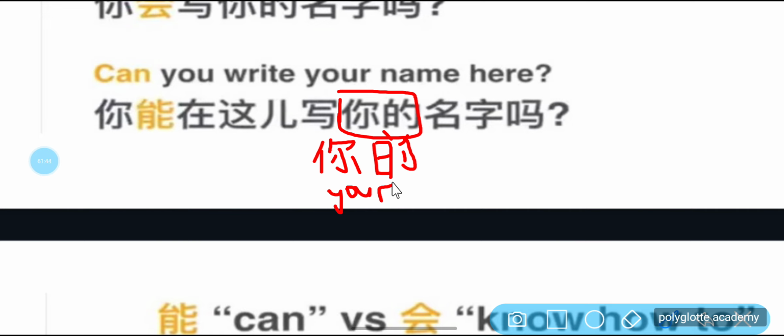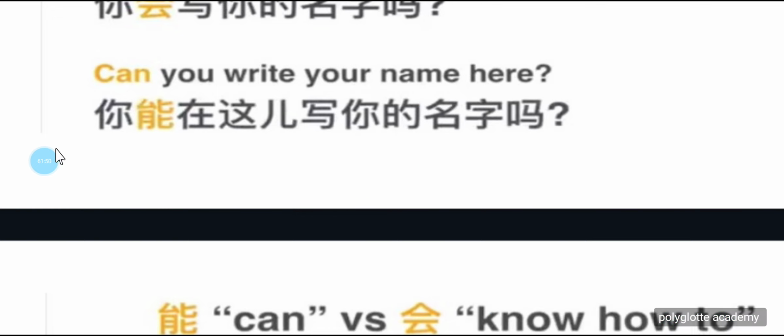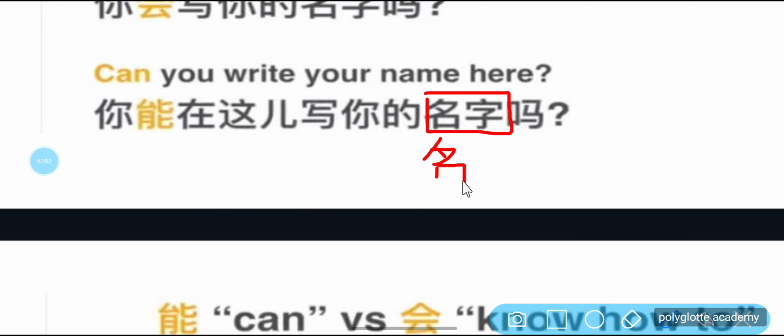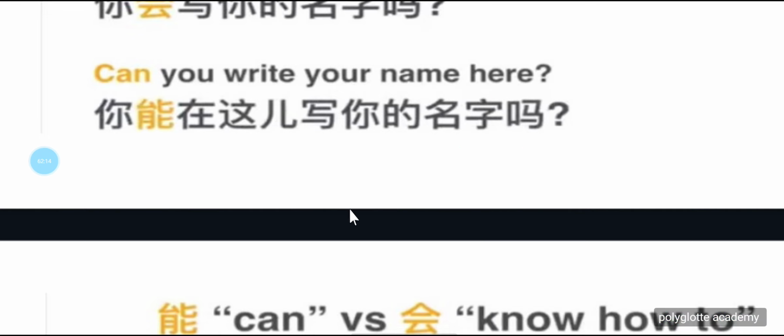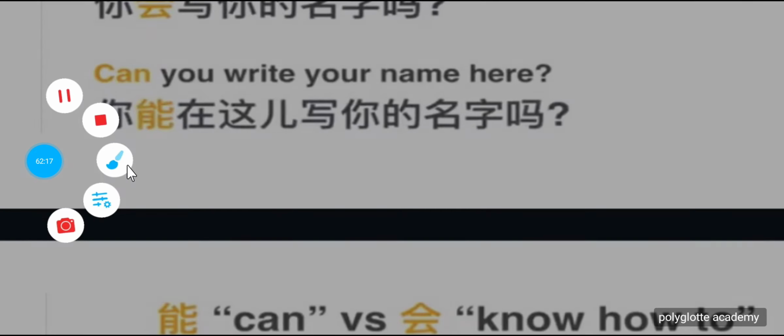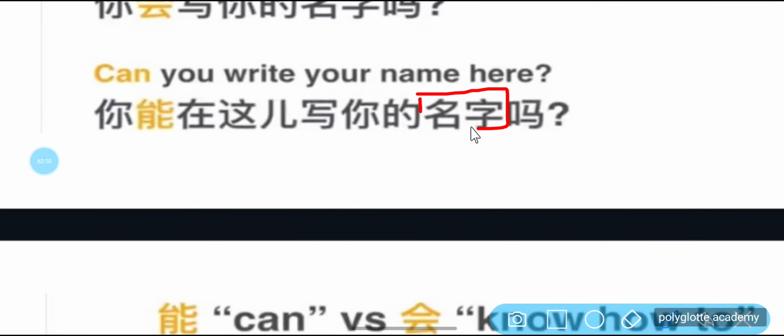你的，非常好，非常好。好，继续。The next character for illustration, we have 名字. This is how you write 名字. That's the character for 名字, which means name.